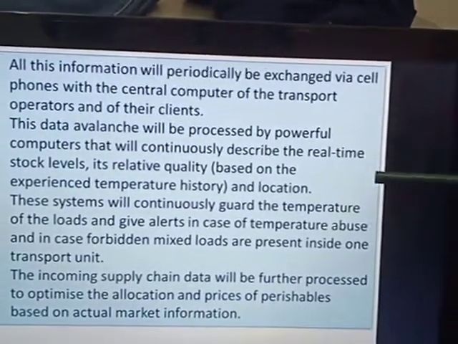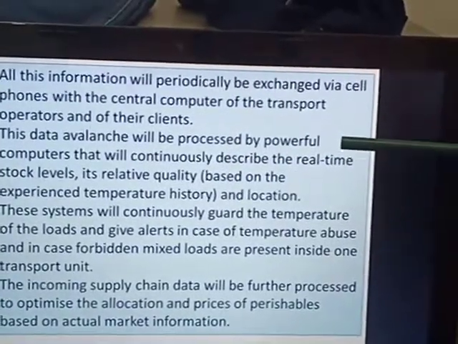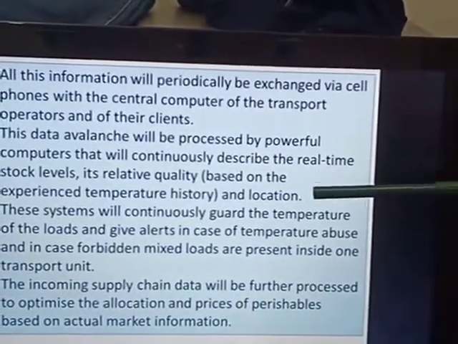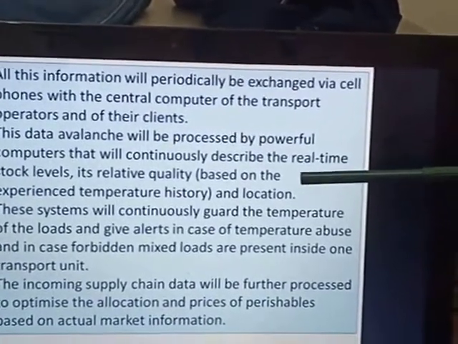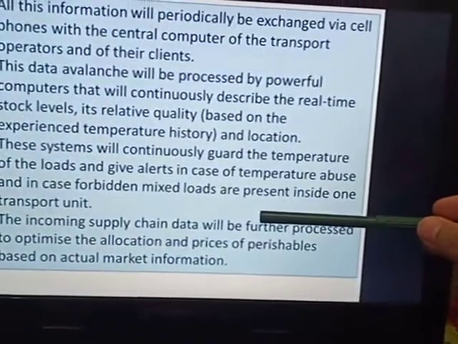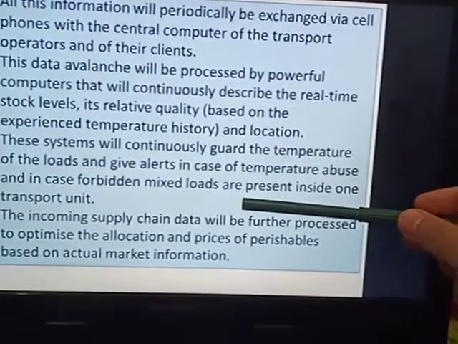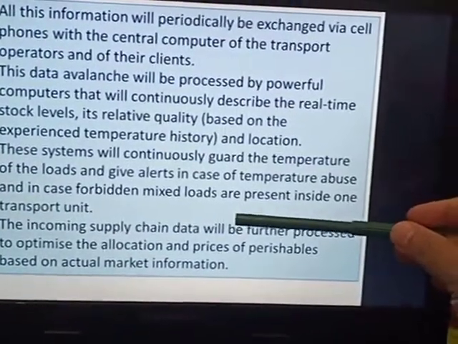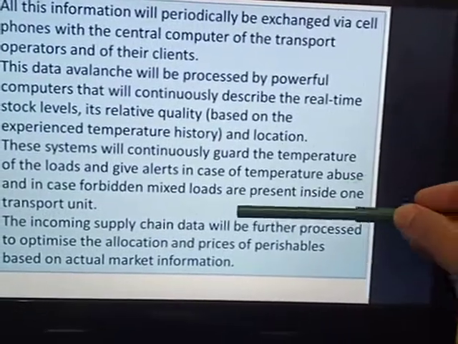So if you want to relate it with IR 4.0, the Industrial Revolution 4.0, big data plays a role in this area. The system will continuously guard the temperature of the loads and give alerts in case of temperature abuse, and in case forbidden mixed loads are present inside one transport unit.